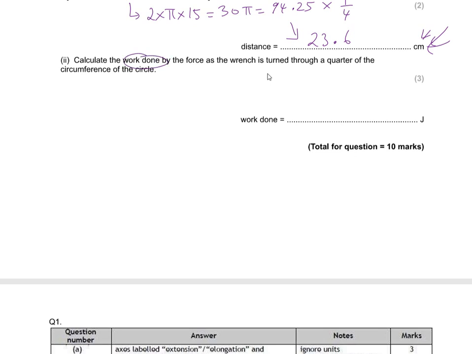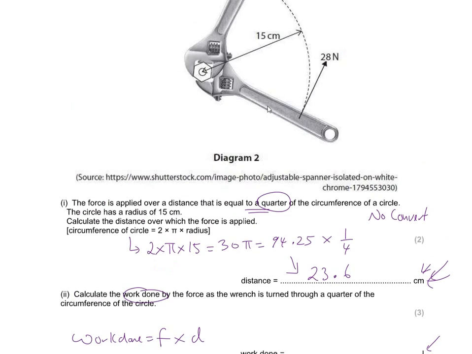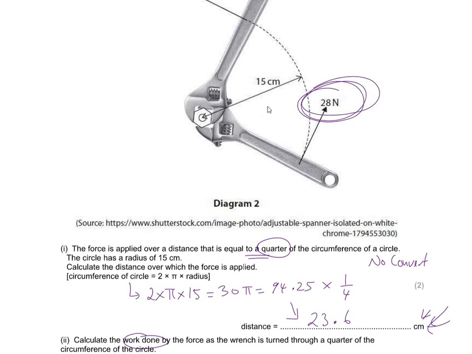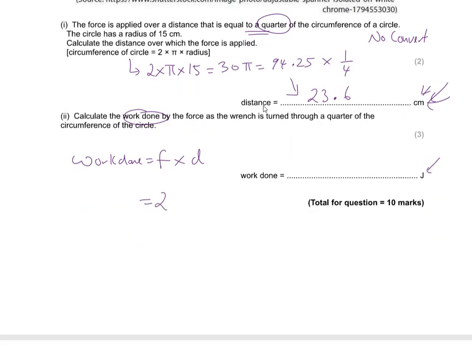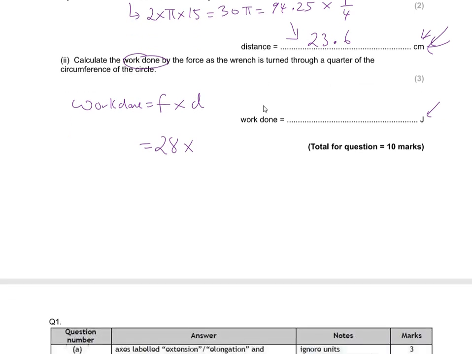Now, work done is energy. So it is the force multiplied by the distance. Where's the force? Look, the force is there: 28. The distance. Now, since I'm looking for energy, I need to convert.